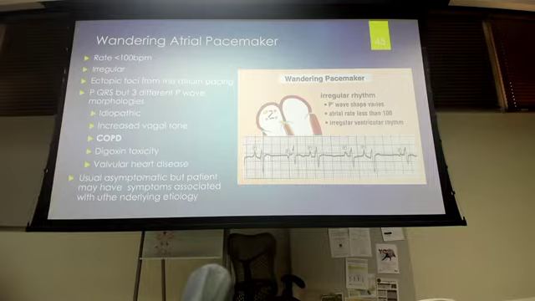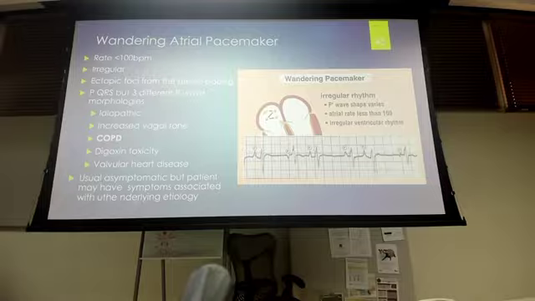Less than 100, 3 or more different morphology P waves, wandering atrial pacemaker. But the underlying etiology is still going to be the same, some sort of COPD, some sort of hypoxemia or hypoxia, some pulmonary issue.